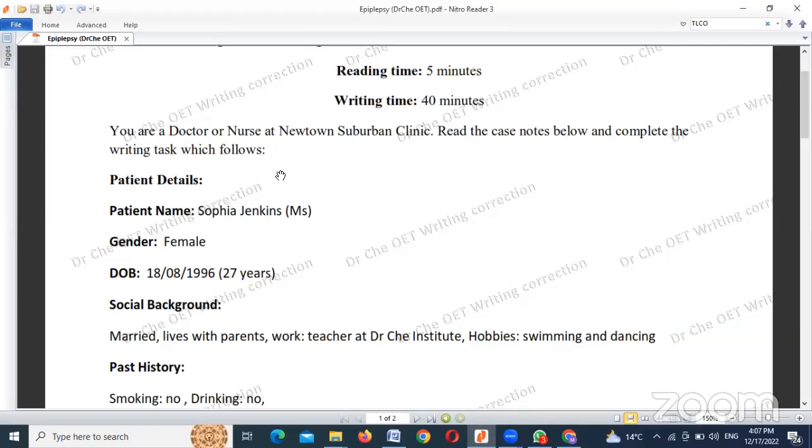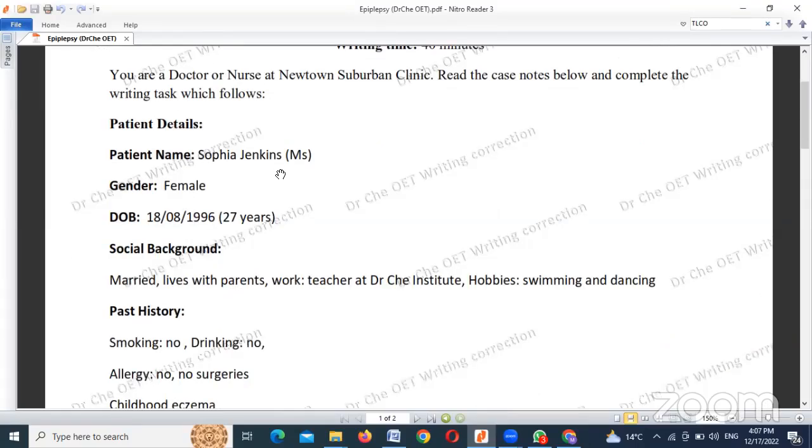Okay, yes. Just give me 1 minute to see a patient. I'm coming back. So just read the case notes if you have not done already.